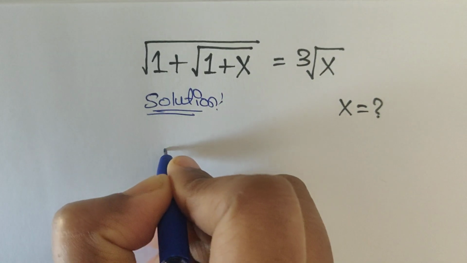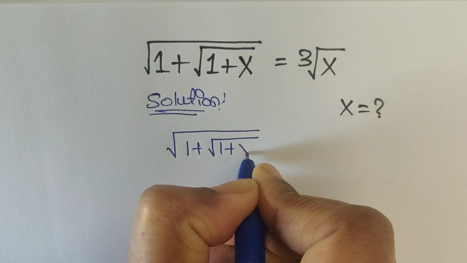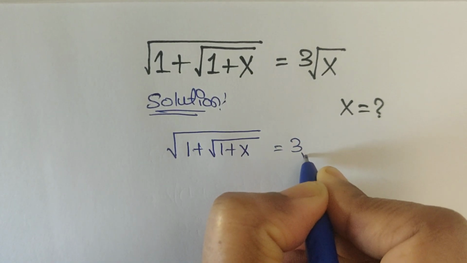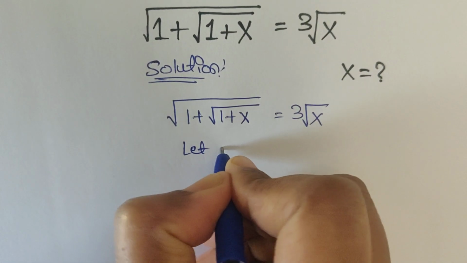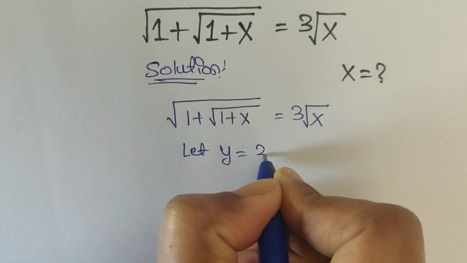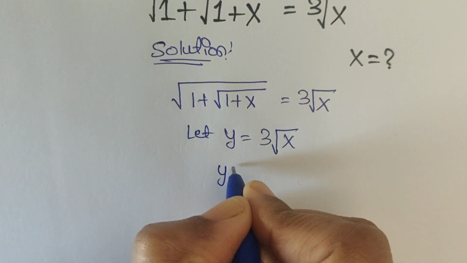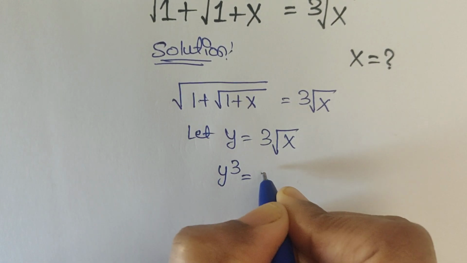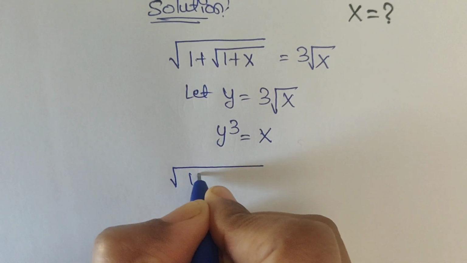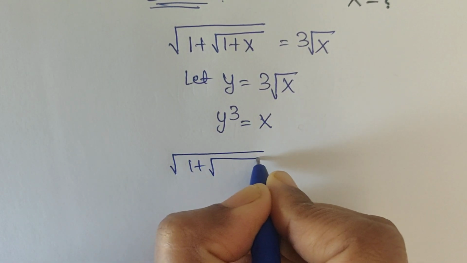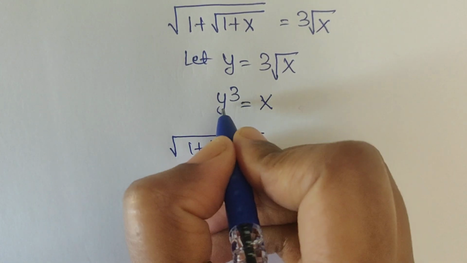So here we are given square root of 1 plus square root of 1 plus x is equal to cube root of x. Let us consider y is equal to cube root of x. So now y cube equals x.